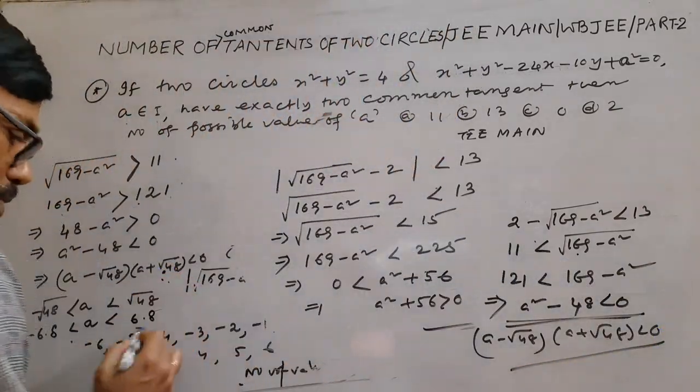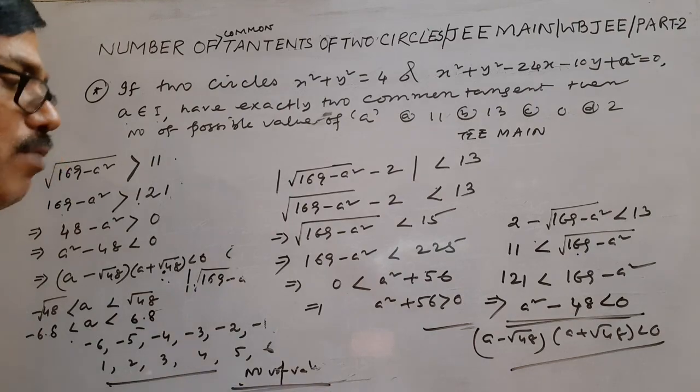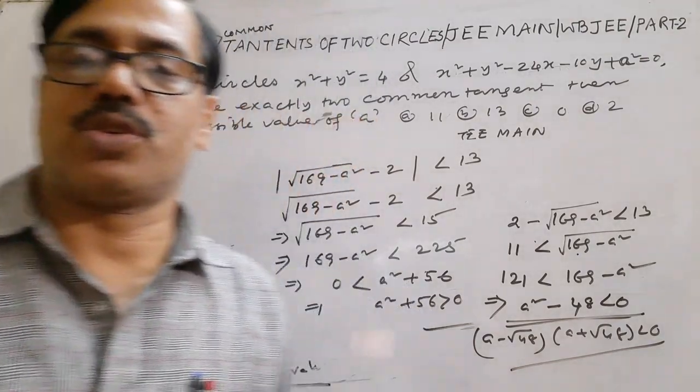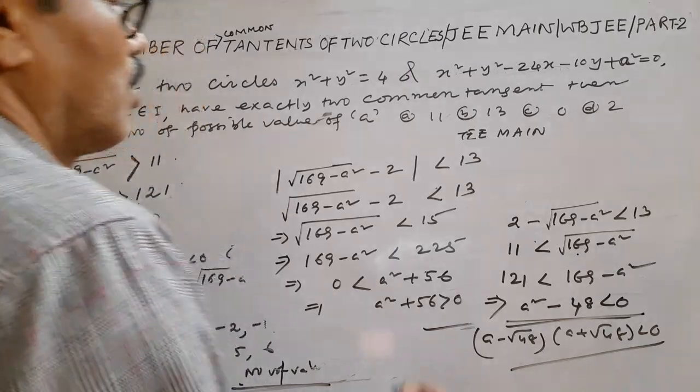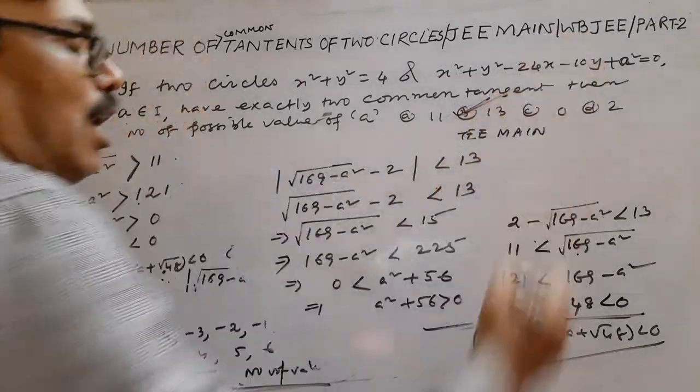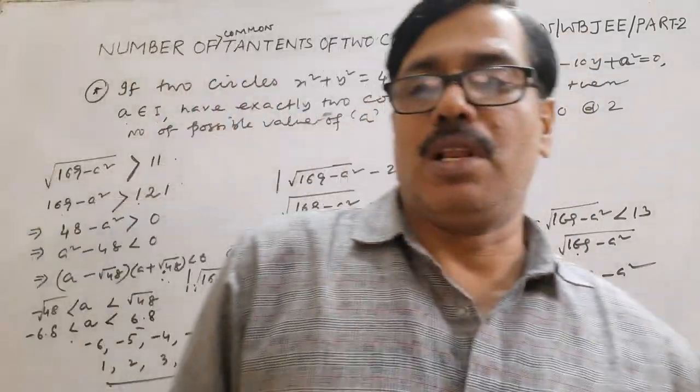So how many possible values of a? The possible values of a is 13. So 13 is our answer.